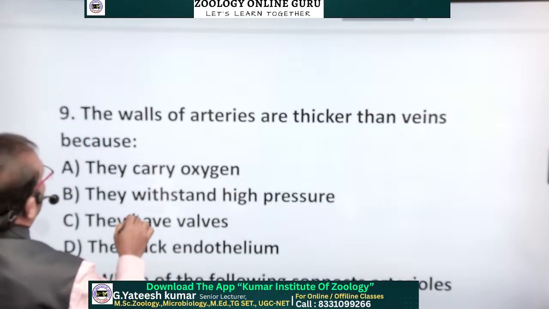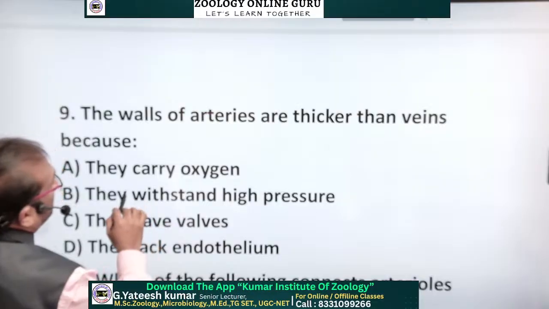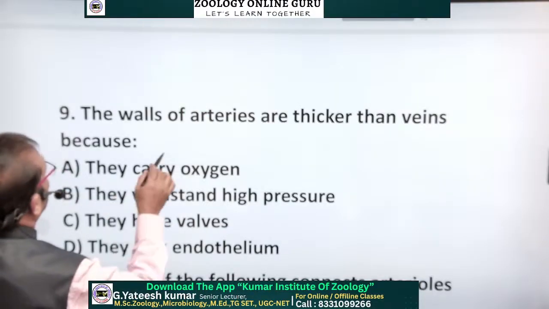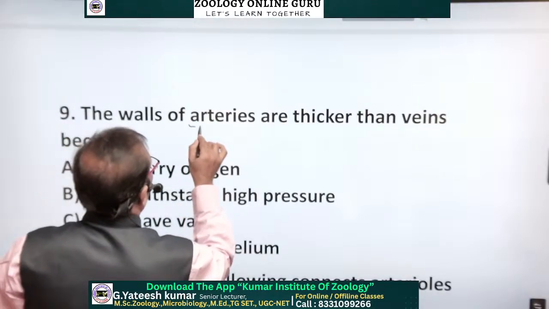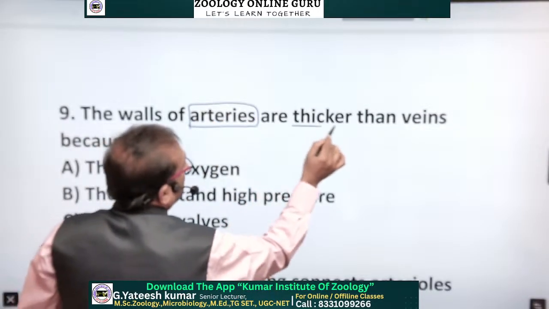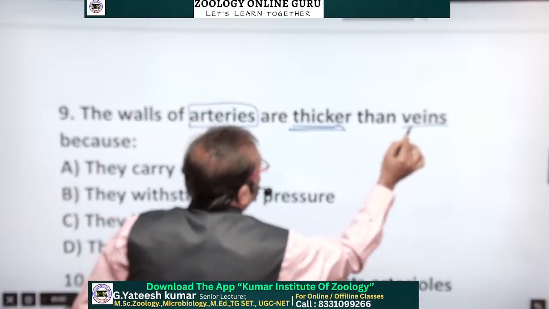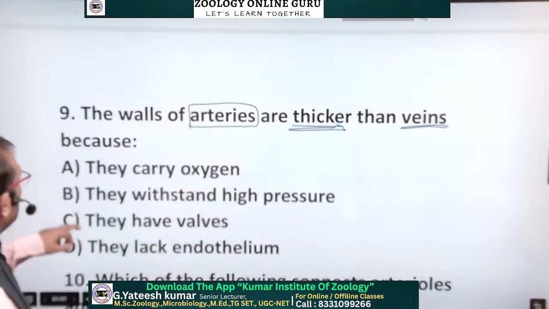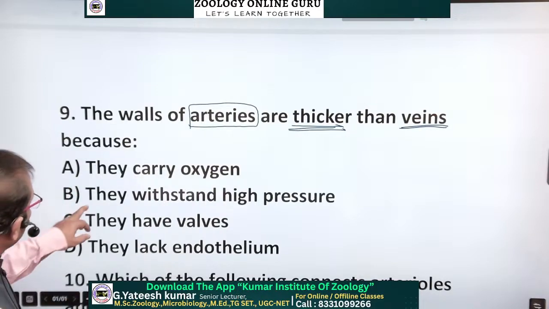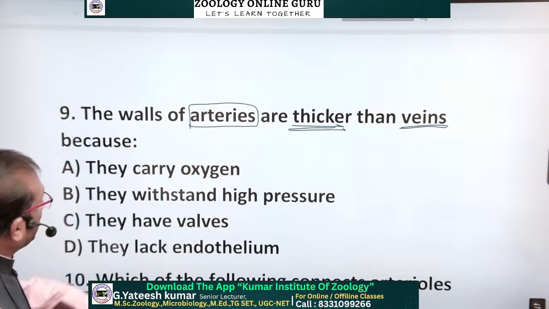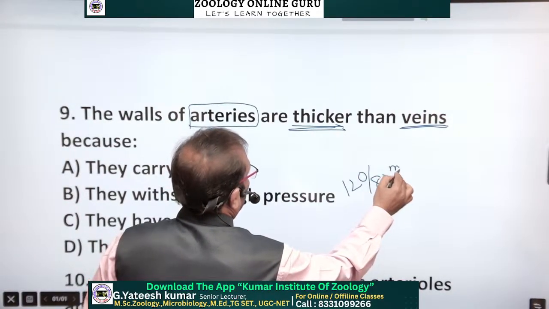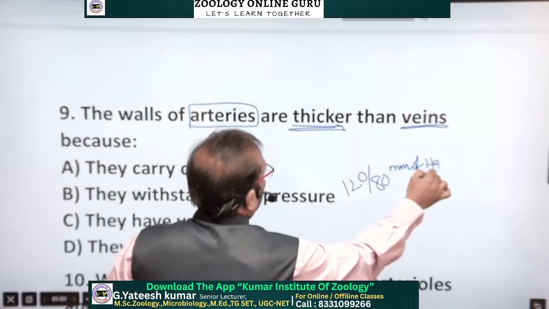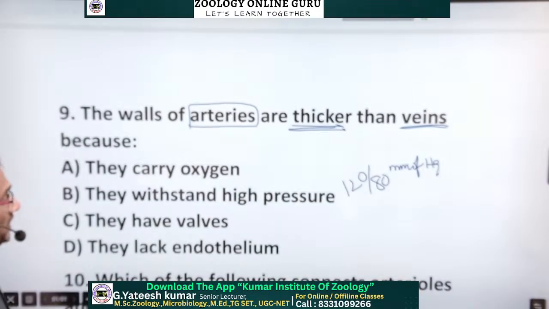Question number 9. The walls of the arteries are thicker than the veins because they carry oxygen? No. They withstand high pressure. 120 by 80 mm of mercury is the blood pressure of a normal healthy human being.